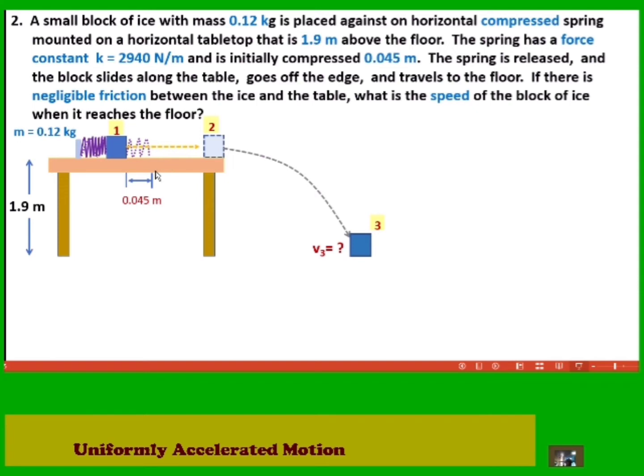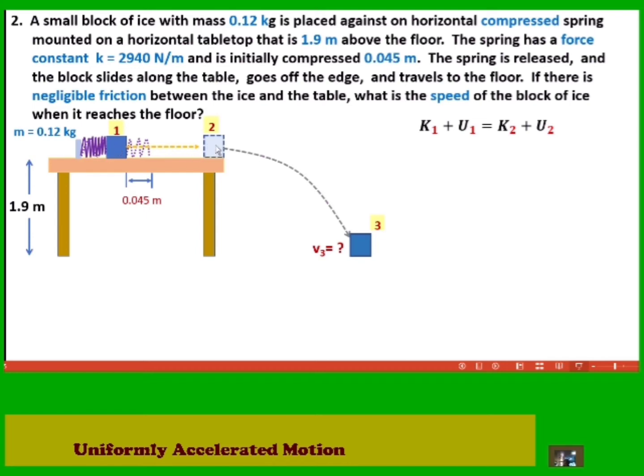So here is our problem. This is a block of ice placed against this compressed spring and it is released. From the conservation of energy principle, let us consider points 1 and 2. The sum of the kinetic and potential energy at points 1 and 2 are equal. At point 1, the kinetic energy is 0 since it is at rest.